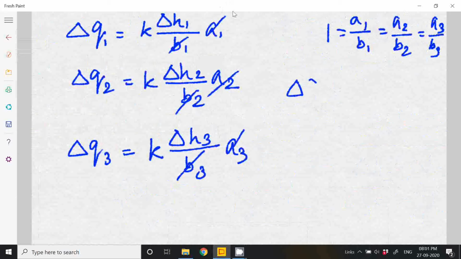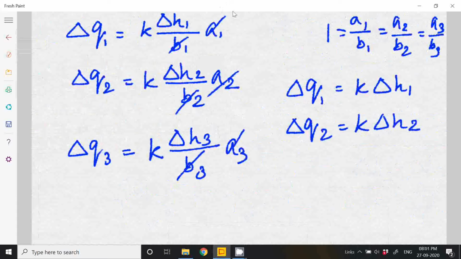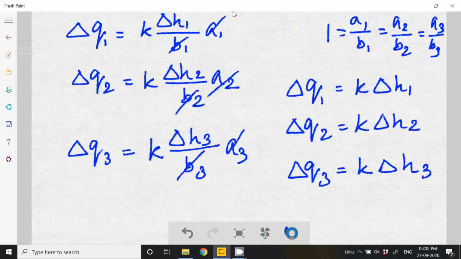Delta q1 is equal to k delta h1, delta q2 is equal to k delta h2, delta q3 is equal to k delta h3.